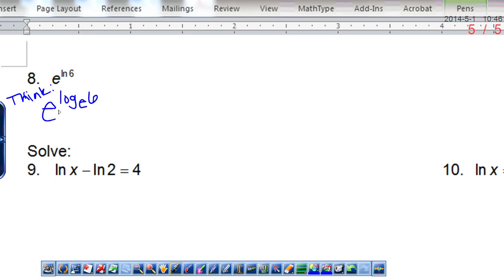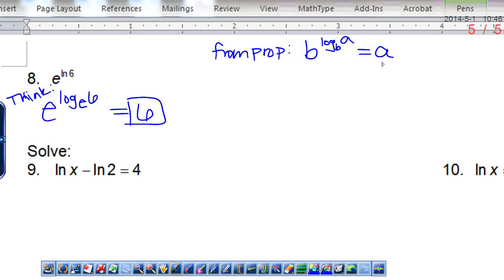What do we know when the base of our exponent and the base of our log are the same? It's the argument. This is just 6. This is from that property that you learned, that b to the log base b of a power is always equal to a.